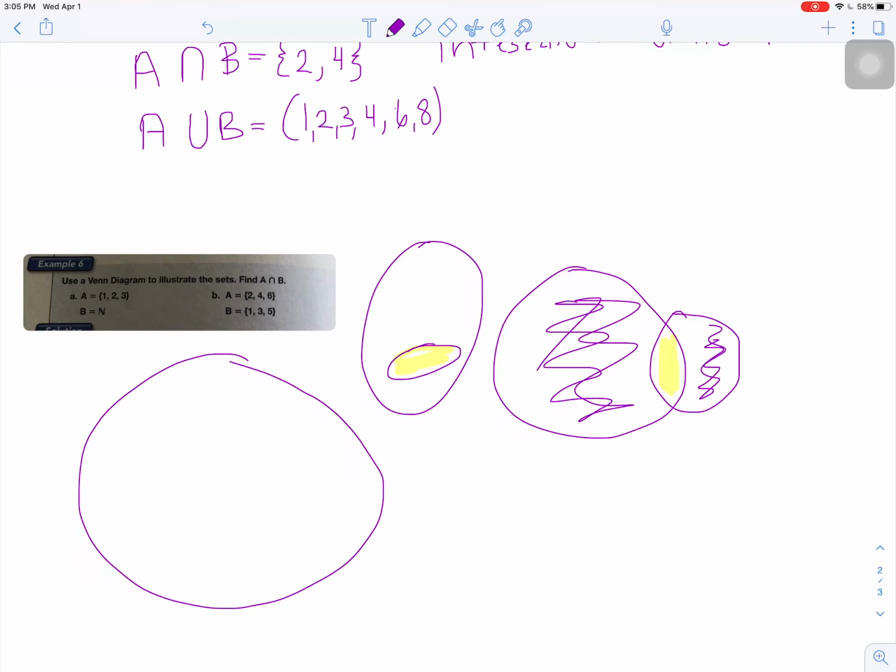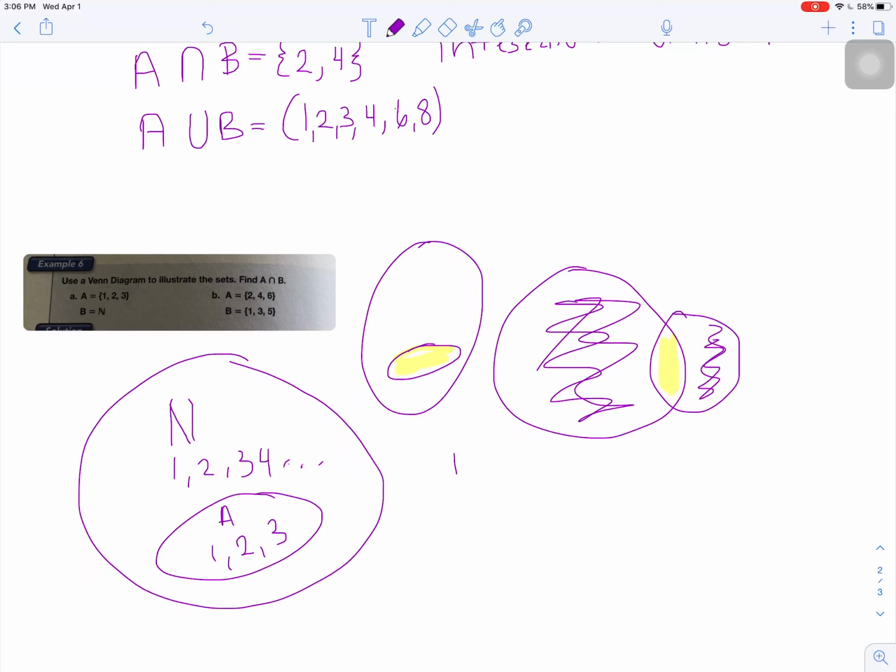And so we have A, of course, we have 1, 2, 3. So natural numbers, 1, 2, 3, 4, dot, dot, dot. They continue on. And then we have A, which is the numbers 1, 2, and 3. They will fall within that same part of natural numbers.